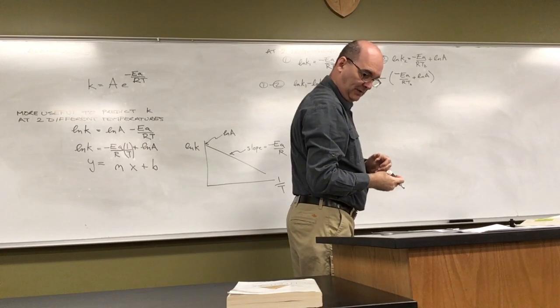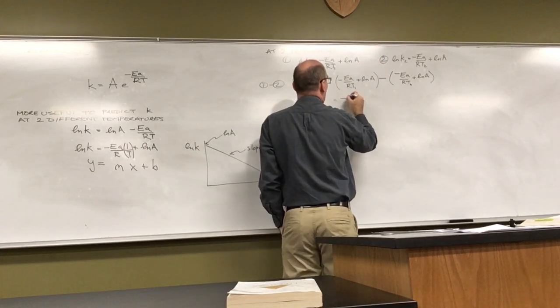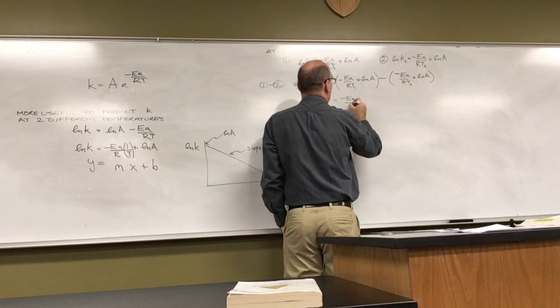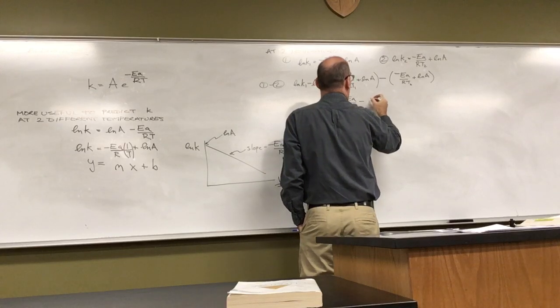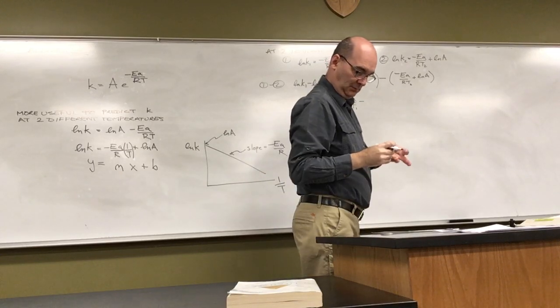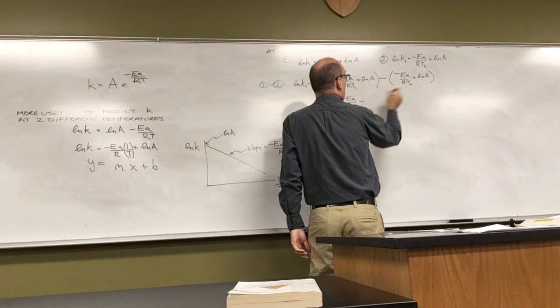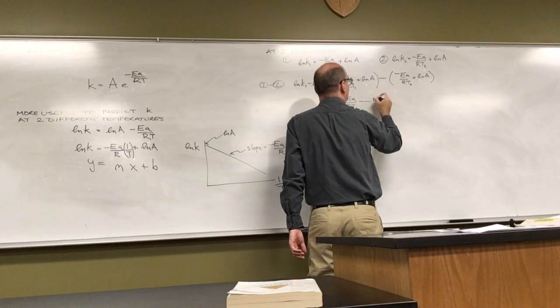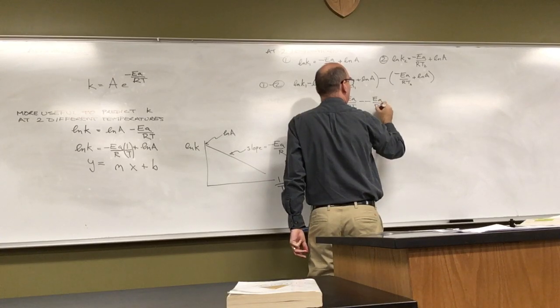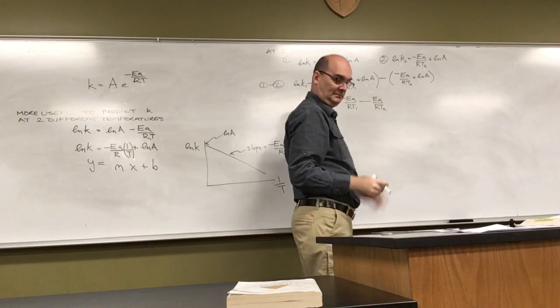And that leaves me with minus EA over RT1 minus, right, I'm going to write it out twice, minus EA over RT2. Okay?